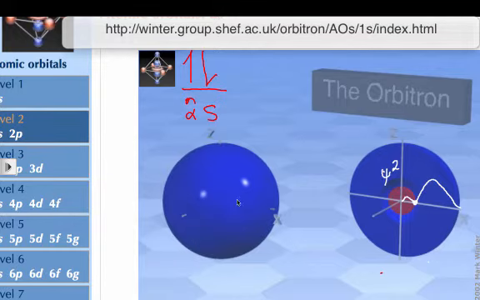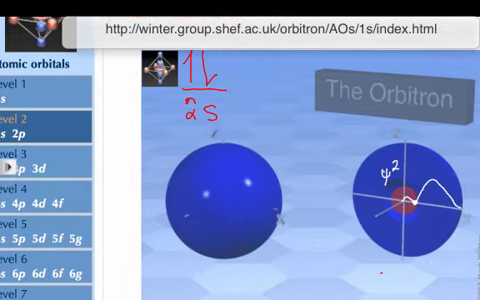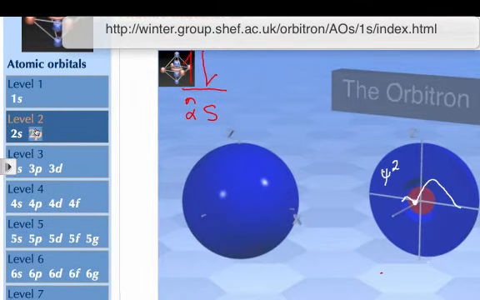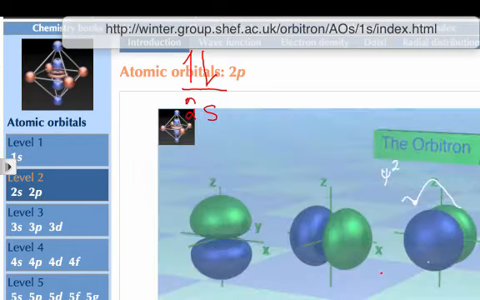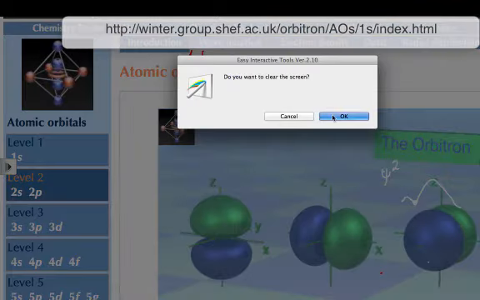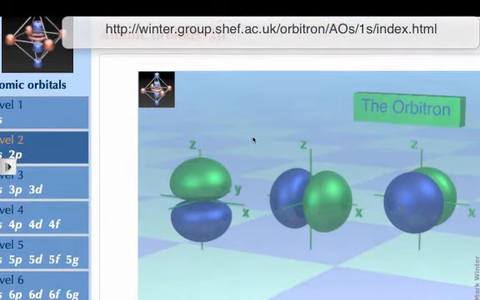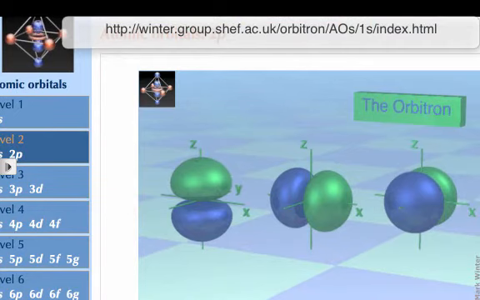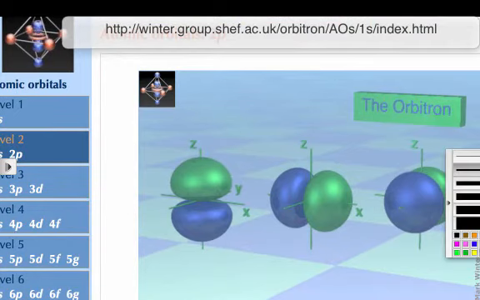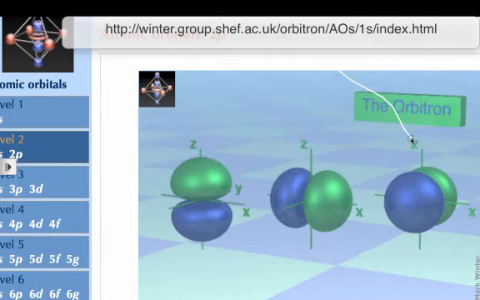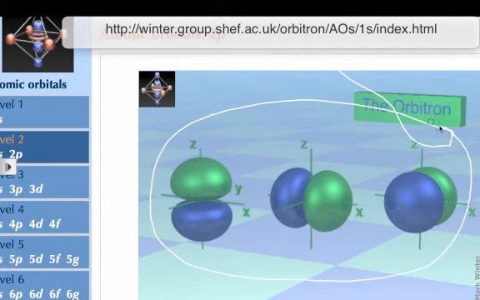Now, let's go to the P. If you remember from pre-AP chemistry, if this is coming back to you at all, the P sublevel is shaped like a dumbbell. So if we looked at this, this represents the whole P sublevel.